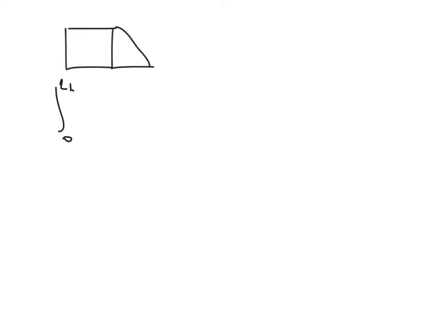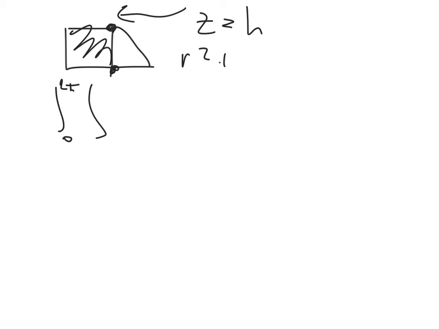One is the integral from 0 to 2 pi, and I'm going to do this piece first. So, oh no, I need to figure out what this radius is, where my r bounds are ending, and this radius occurs when my height, z equals h, intersects my sphere, r squared plus z squared equals a squared.